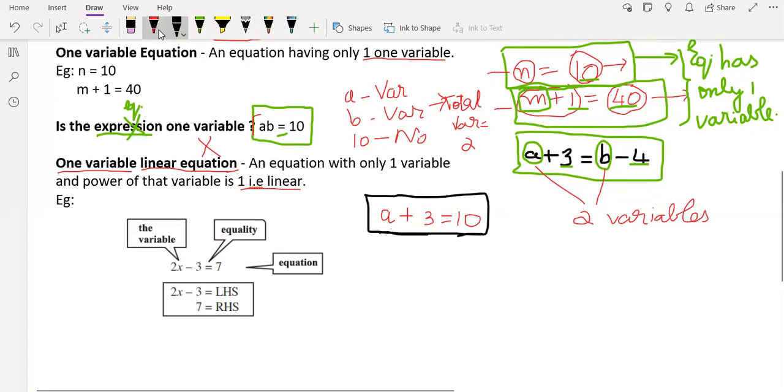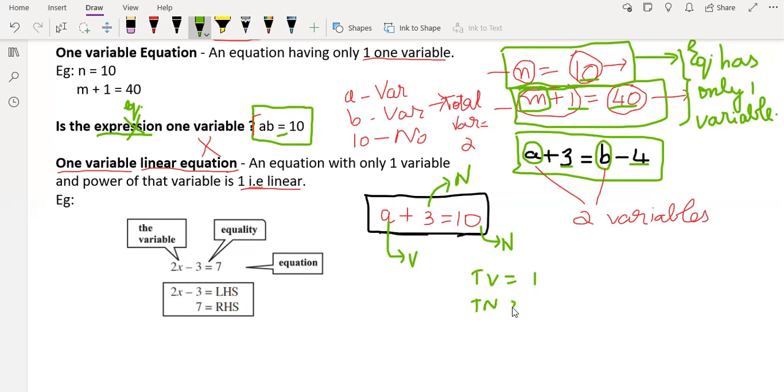Here a is the only variable. 3 is a number. 10 is also a number. So total variables equals 1. Total numbers equal 2. So only one variable is there. Therefore it is an equation in one variable.